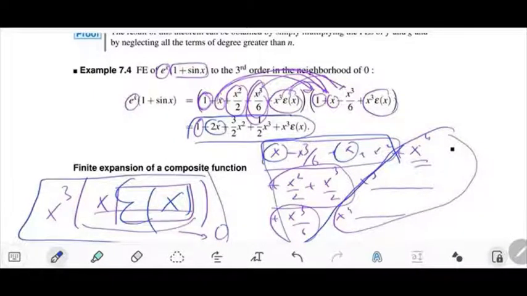Now I have a question. If I ask you to calculate the expansion to the order 4, then you should have kept this term of the order 4 and you add it to the expansion to obtain the expansion to the order 4. Is that right? No, that's wrong. Because it's true that if you add this term to the expansion, you are adding a term of order 4, but you are not adding all the terms of order 4.